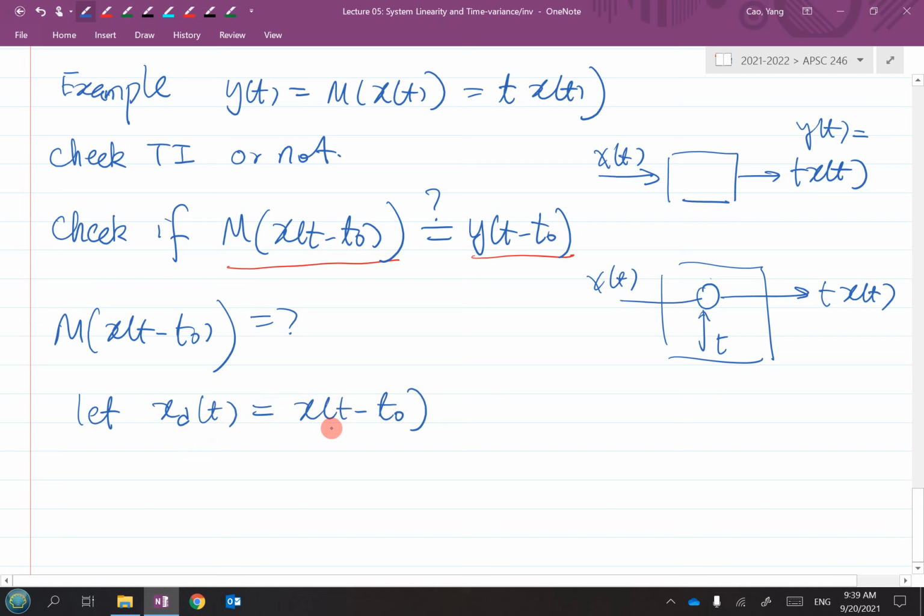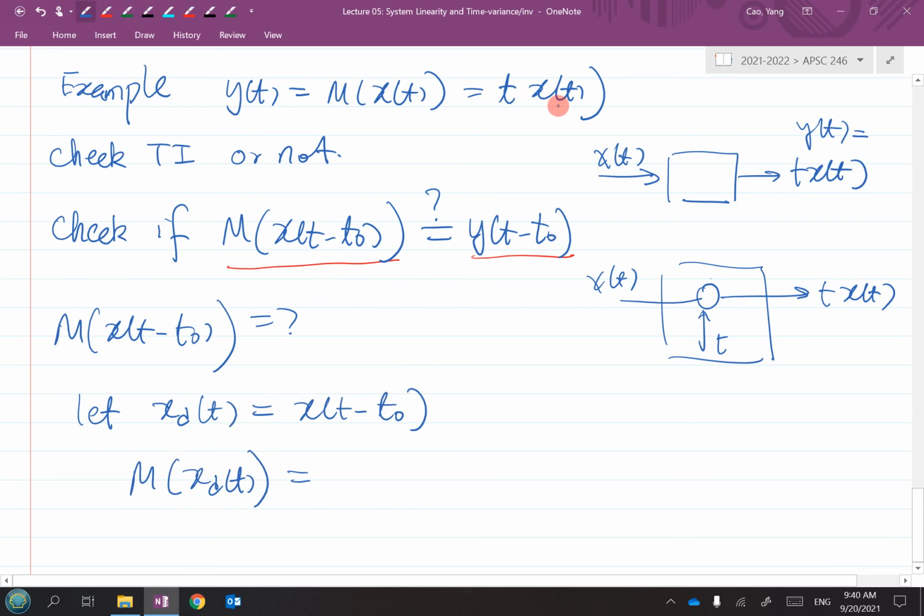Then, if my input is xd of t, it's like a delayed input. Okay. So xd, that's this term. So basically that's what I'm trying to get, right? So m of xd of t. If my input is xd of t, what would be my output? You go back to your system.